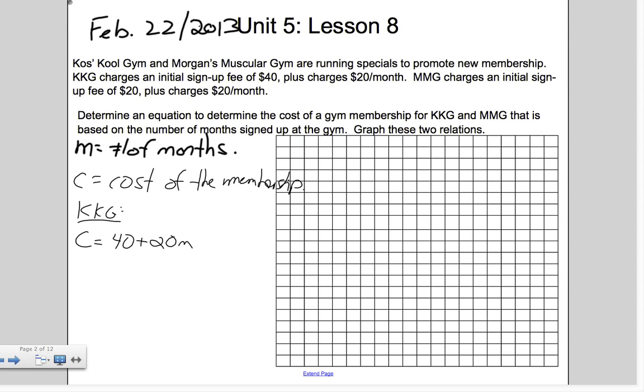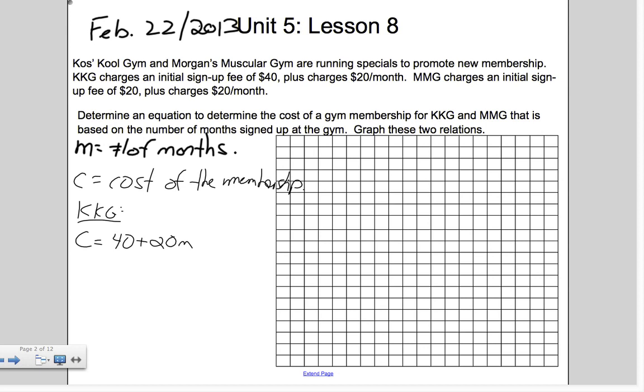Okay. So how can we graph this then? Which one is my independent, dependent variable? Which variable, months or cost? Which one is the independent variable, which is the dependent variable? Which one's affecting the other?